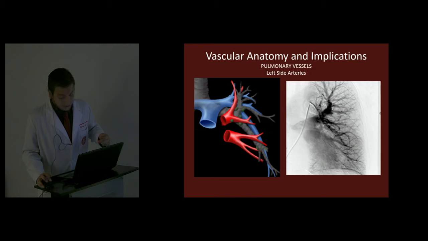Sometimes in this inferior part of the left-sided pulmonary arterial vasculature, this is the branch for the lingula.